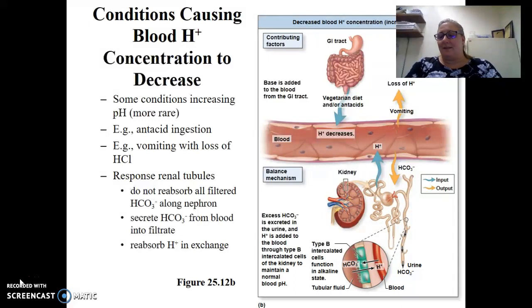Most people are not crazy. They're not going to start taking lots and lots of antacids. But think about the flavor of antacids. Some antacids have a really good flavor. They're almost like candy.